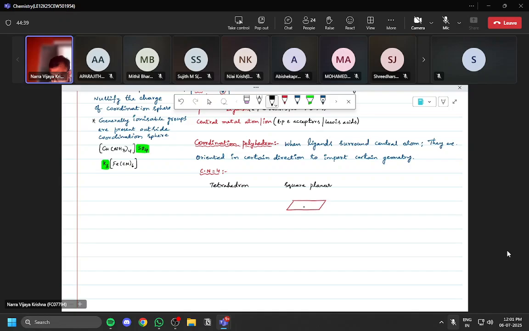So I write the central metal atom. These are the 4 ligands. Or this is the central metal atom, and these are the 4 ligands.